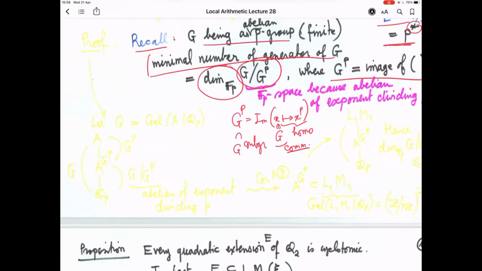So this is a fact about group theory, which I assume that either you know or you can prove. A finite abelian P group can be generated by as many elements as the dimension of the quotient G modulo G to the P over the field Fp.